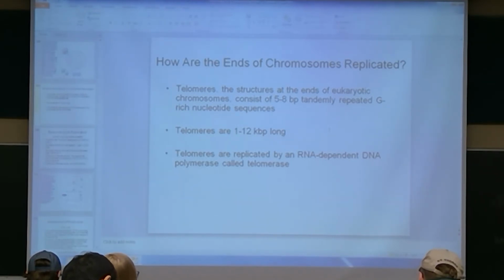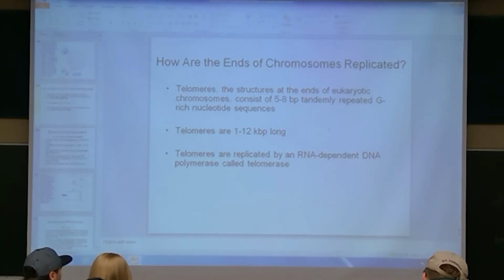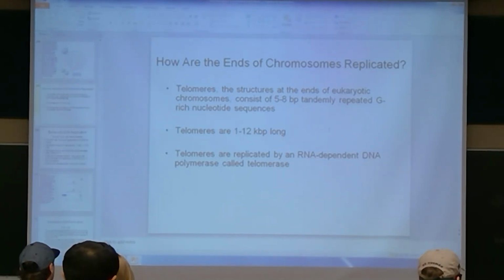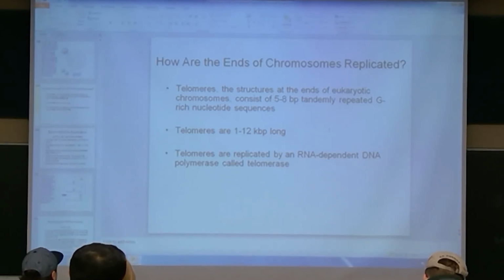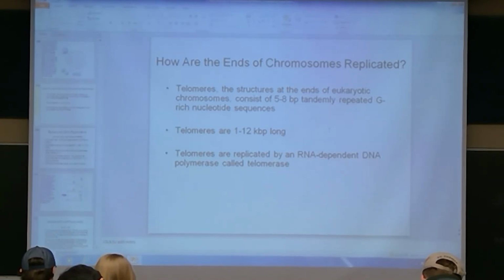Telomeric DNA replication. If you are confused about telomeric DNA replication, there is a YouTube video. Just search for telomeric DNA replication. You will get the details very easily. Telomeric sequence.